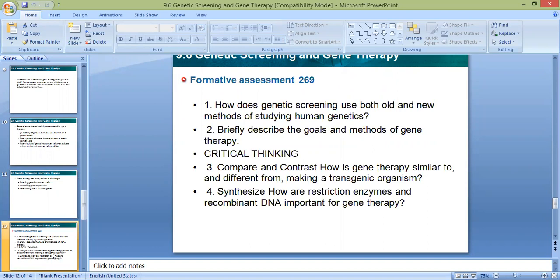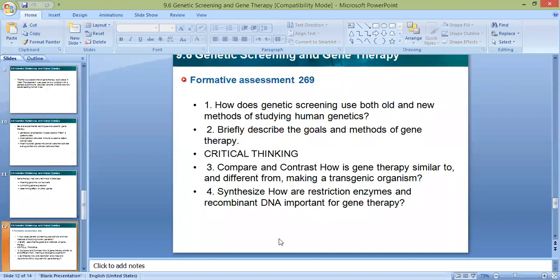How does genetic screening use both old and new methods of studying human genetics? Yes, who can answer this question? Use both old and new methods of studying human genetics. Can anyone answer the question, guys? Yes, Yusra.